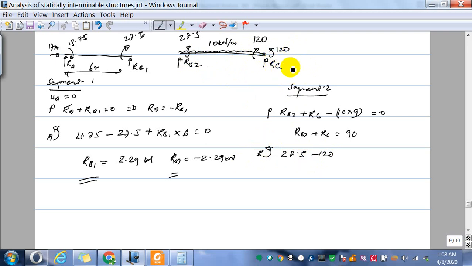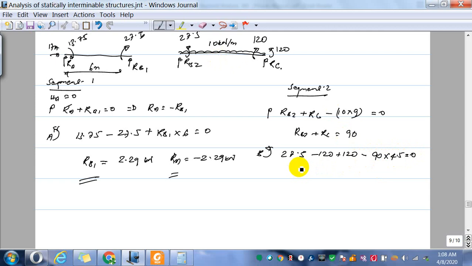Then you have another 120 counterclockwise. Then you have the load 10 into 9, 90, and the effect of the load is at the middle, so 90 into 4.5 is equal to 0.